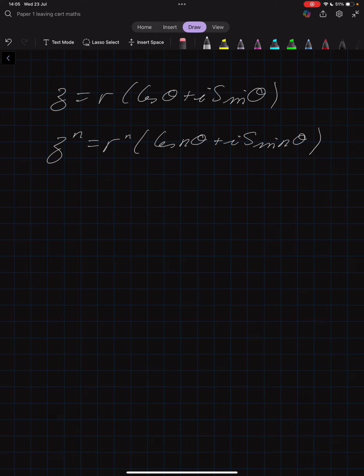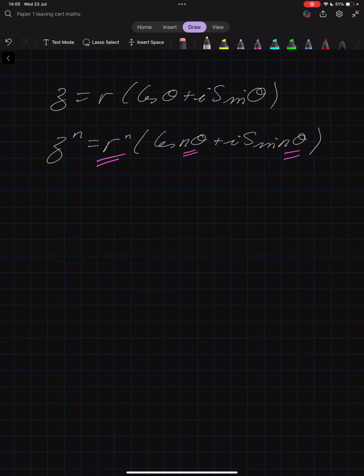Like this. So basically, if you multiply z by itself n times, then you just multiply its length by itself n times, and you add its angle to itself n times. That's it. That's all de Moivre's theorem is saying.